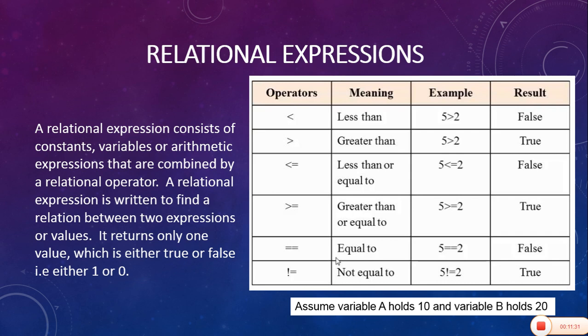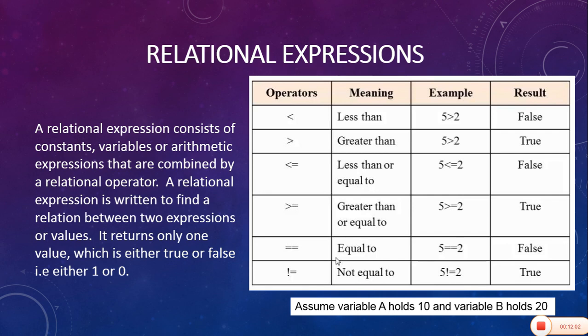It means that if either of the two conditions holds, either greater or equal, then it will give you the answer true. If both things are false, then the answer will be equal to 0.